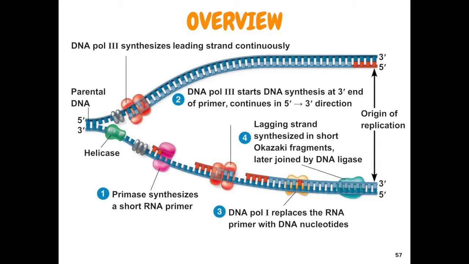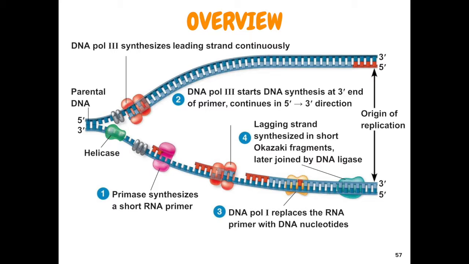So we add this short RNA primer using the enzyme primase. As that happens, now DNA polymerase 3 will know where to start, and it can come in the lagging strand and synthesize DNA at the 3' end of the primer, continuing to synthesize in the 5' 3' direction.